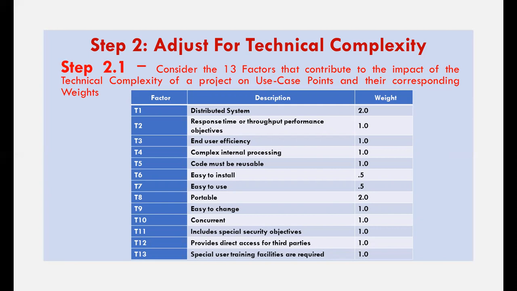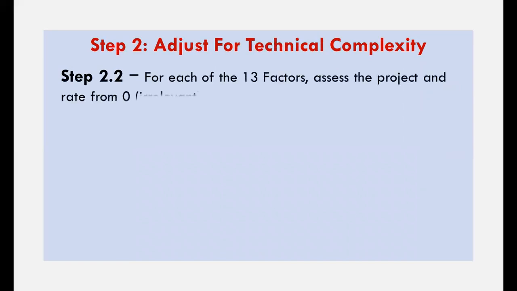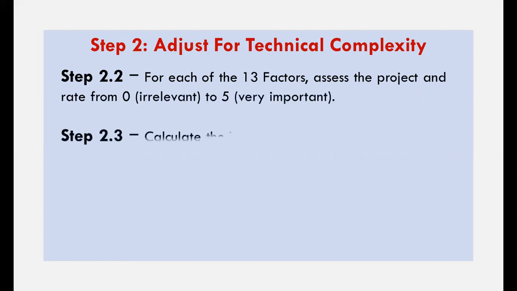Coming to step 2.2, for each of these 13 factors, we need to assess the project and rate from 0 for irrelevant to 5 for very important, according to their perceived complexity.